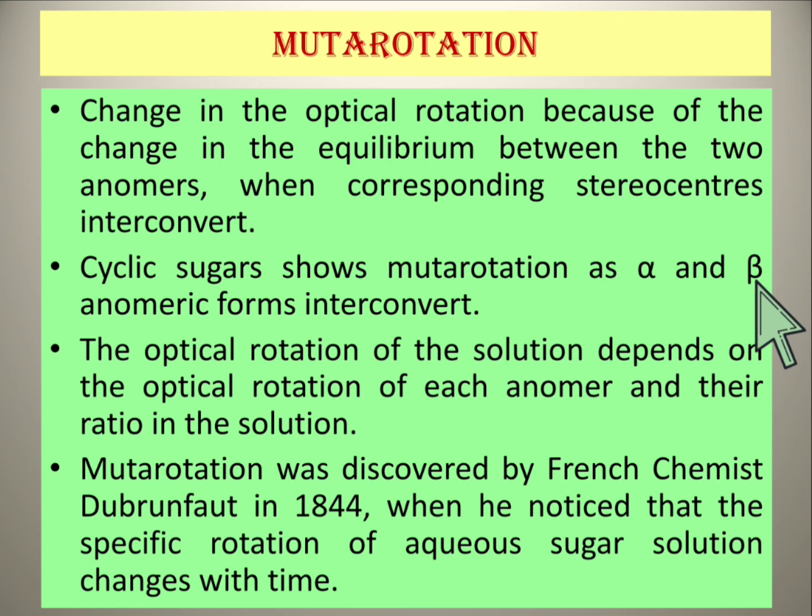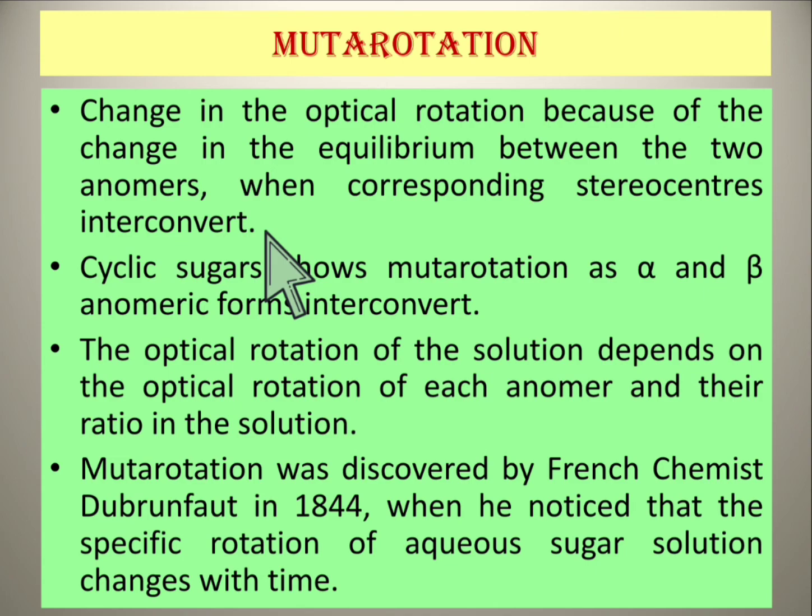Mutarotation is the optical rotation change because of the change in the equilibrium between these two isomeric forms, that is anomers, when the corresponding stereocenters interconvert.